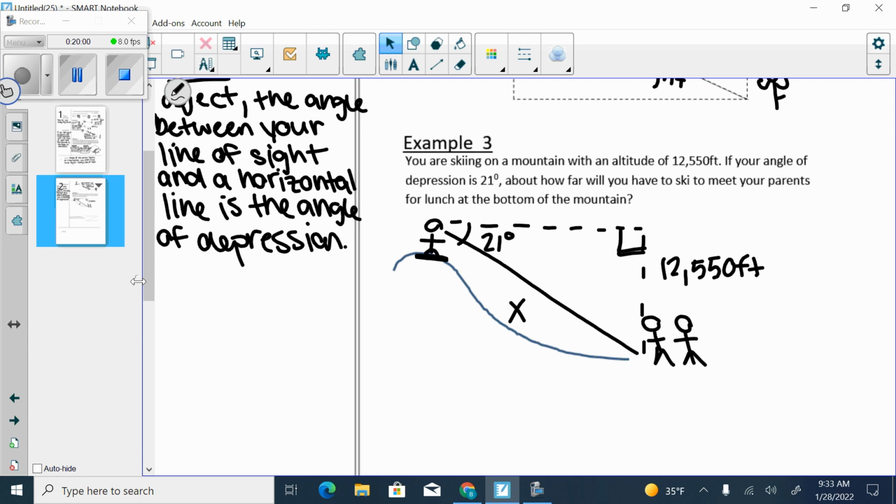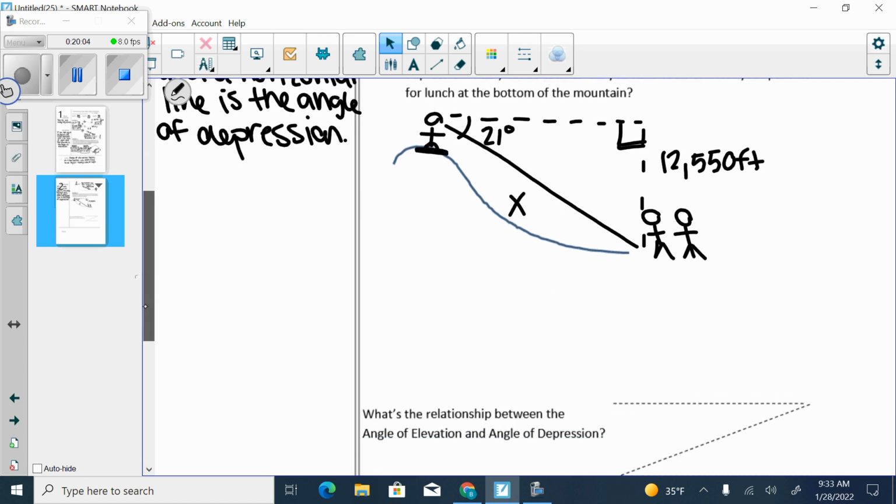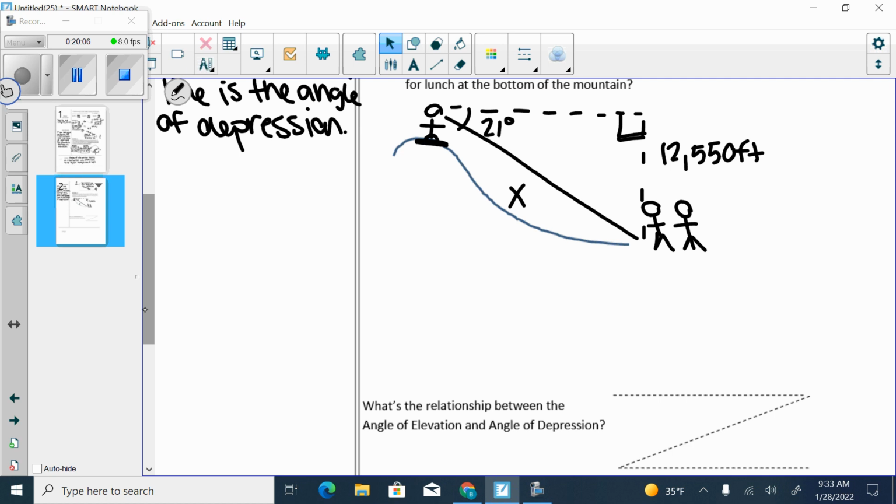Okay. So we know our angle is 21. We know this side over here, we're looking for the hypotenuse. Well, in reference to the angle of 21 degrees, where is that 12,550? Opposite. So we got opposite, we got hypotenuse, we must need to use sine.